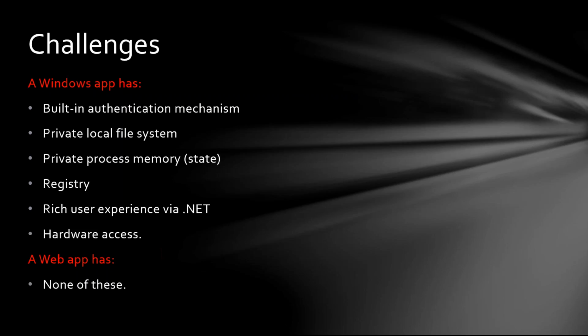You have a rich set of user interface controls and objects that you can draw on to create interesting and compelling screens for data entry or data presentation via the .NET libraries. And of course, you always have access directly through the hardware abstraction layer to look at the physical hardware that's attached to the device through things like USB ports or SCSI devices or even over network interfaces. So you can access the hardware via calls to the operating system.